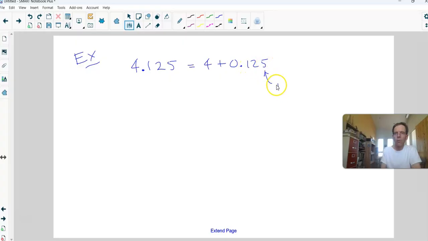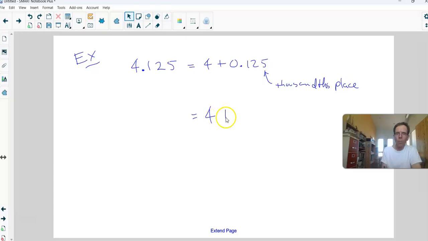This is the thousandths place. So what we have is 4 plus 125 thousandths. 125 divided by 1,000. So we're using the decimal place to figure out what the denominator is. And then the decimal numbers themselves are in the numerator.